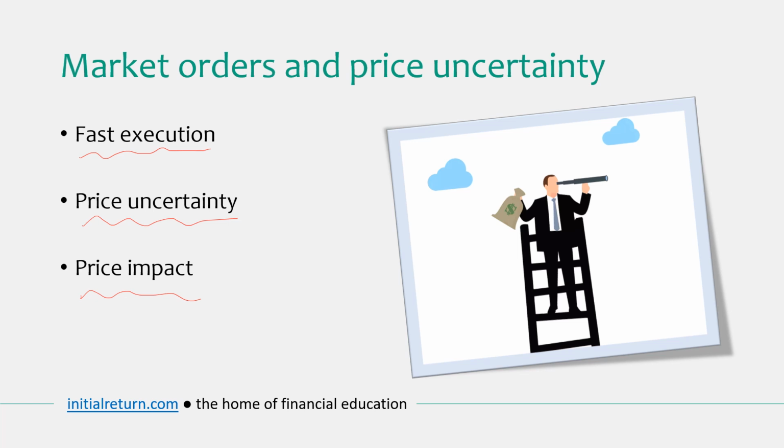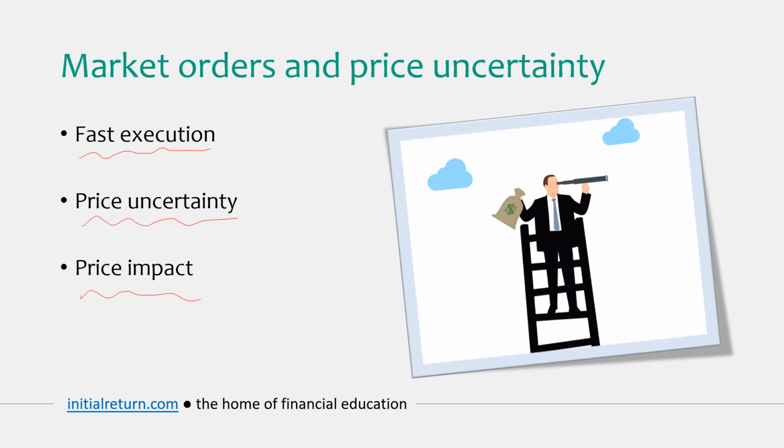And the larger the order you submit, the more you will move away from that price. And that relates again to the depth of the book. So if the book is deep enough, which means it has liquidity, then the price impact will be small. But if you are trading large quantities in an illiquid market, then price impact is a real concern for market orders.